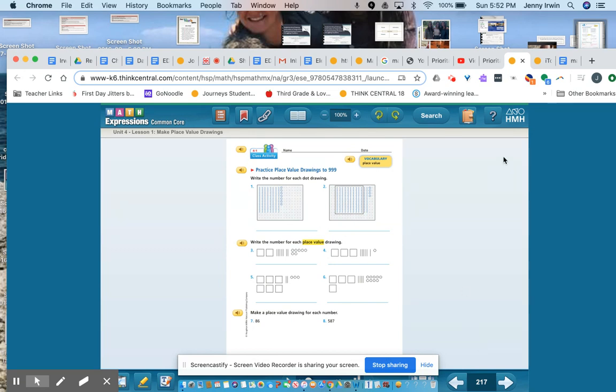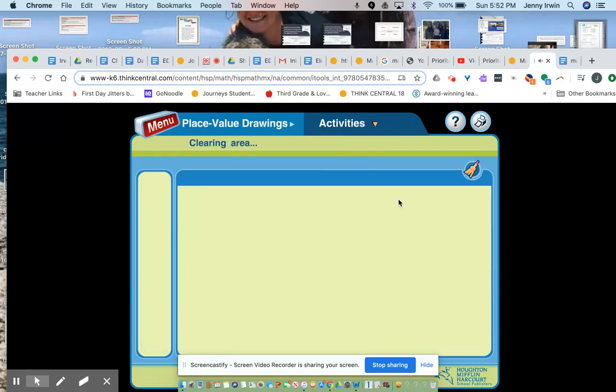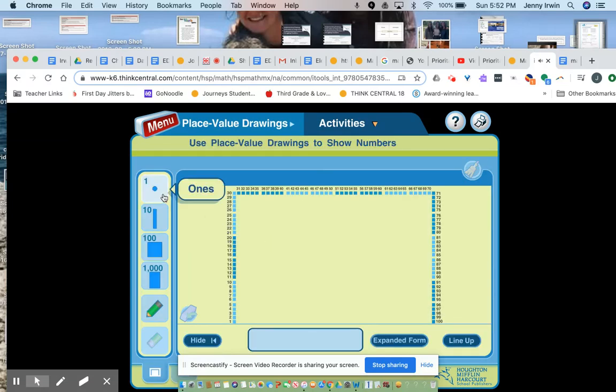Before we start talking about page 217, I want to review something with place value for you. Let's erase all this. Okay, so remember, this is considered a 1. And then if we have 10 of those, it makes a 10 stick. If we have 10 sticks, 10, 20, 30, 40, 50, 60, 70, 80, 90, 100.